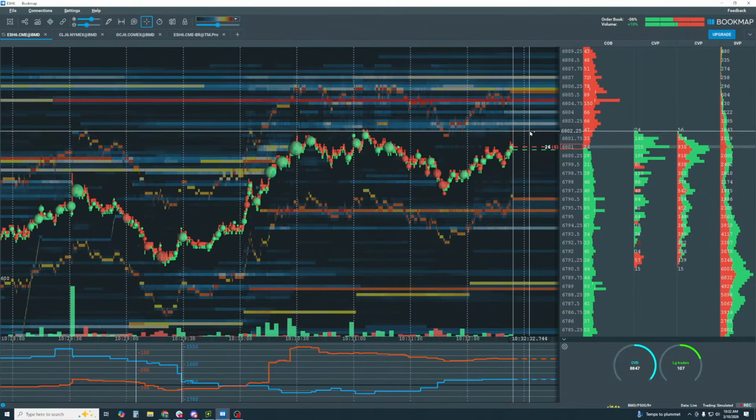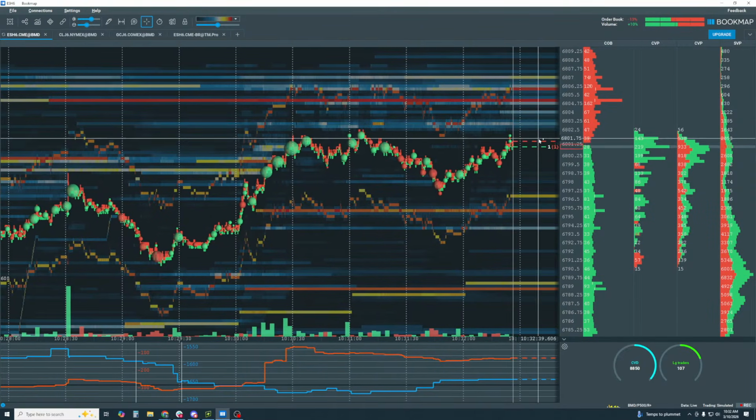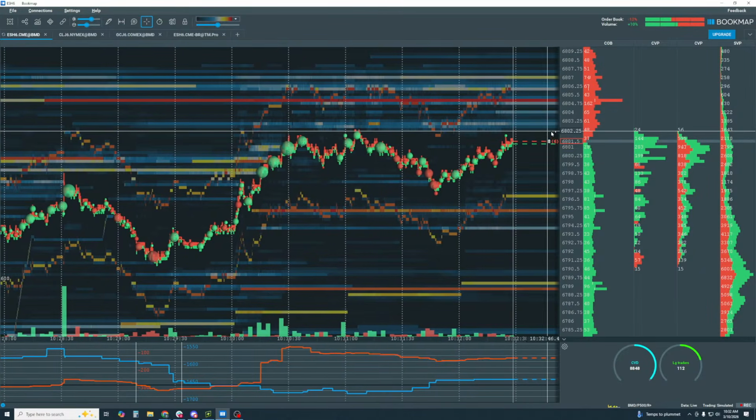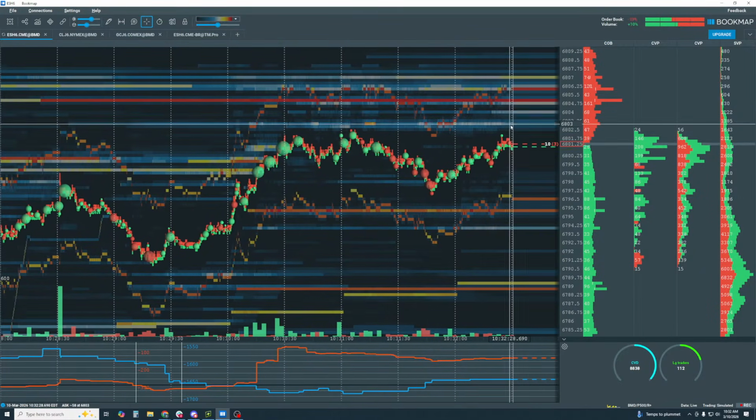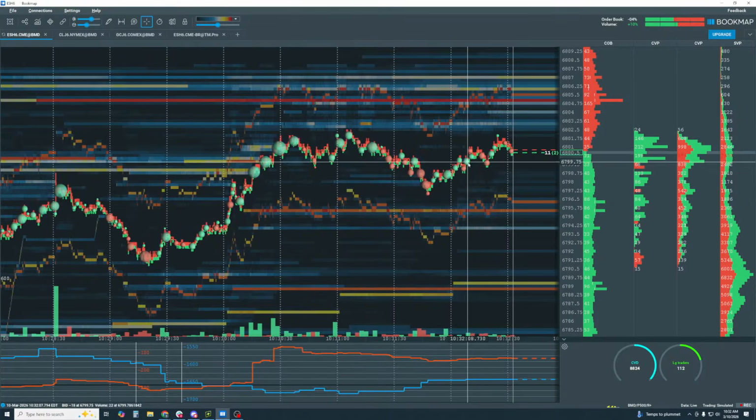Let's see the buyers come right back up here to 03, looking for that continuation, looking for a book sweep through this 03 to like 05 and 06 if we can.